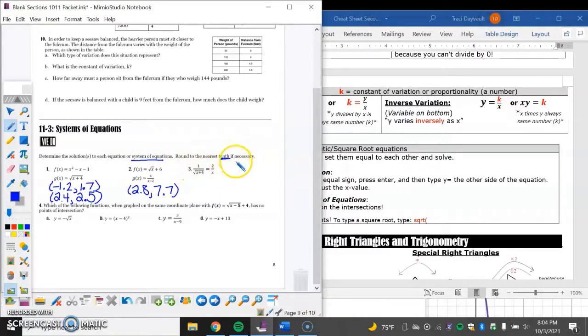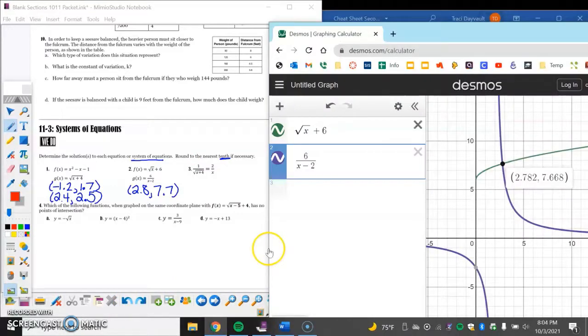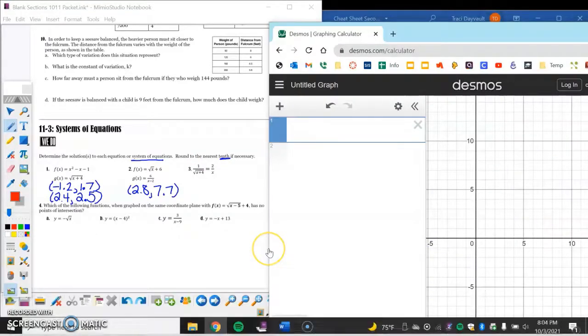It's just one equation, but you can use Desmos to solve an equation by putting y equals this and y equals this and clicking on where they intersect, or basically typing both sides of the equation in to find where they intersect.